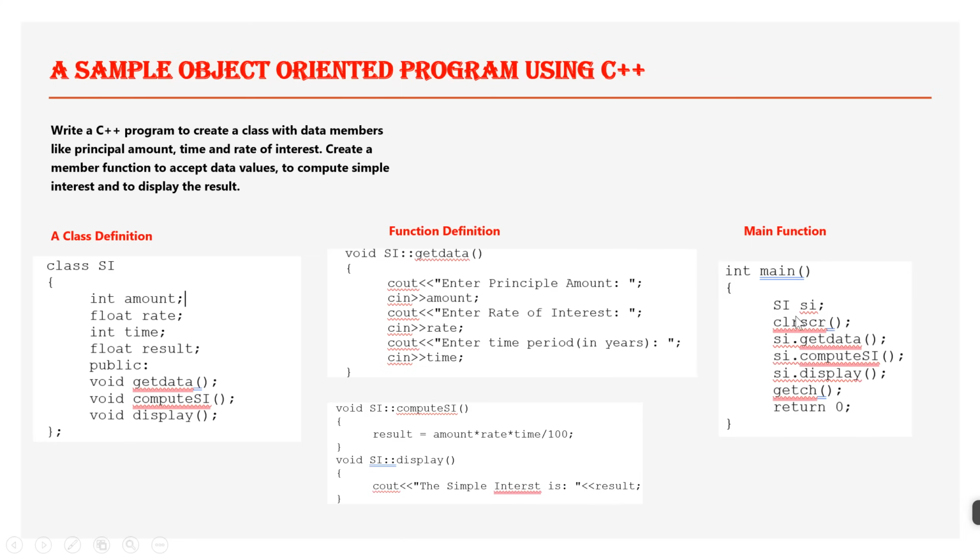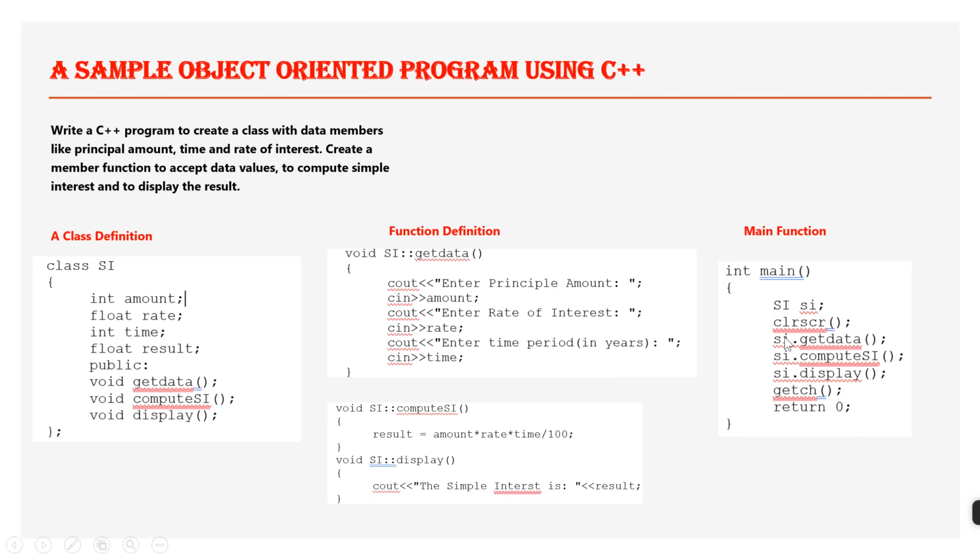Here, another very important point I would like to explain, that whenever you are writing a program, the program always starts executing from this point, from main. So CLRSCR will be the first executable instruction. Then it goes to SI dot get data.